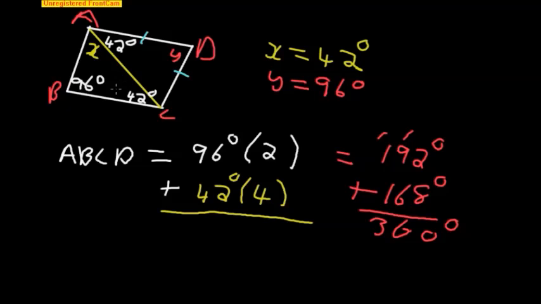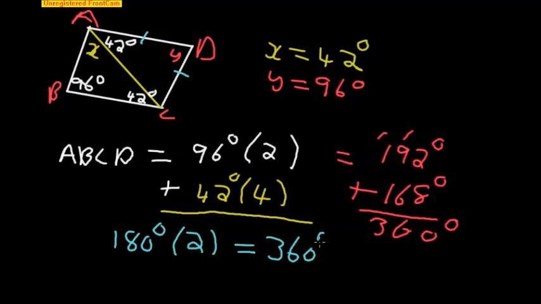We know the sum of the angles of a triangle adds up to 180 degrees. But if we have two triangles, we can simply multiply the 180 by 2, and that will also give us 360 degrees. So we have just proven in general that any quadrilateral has 360 degrees.